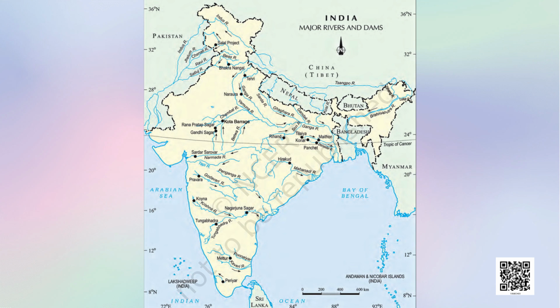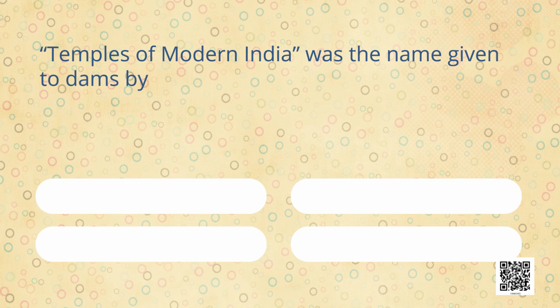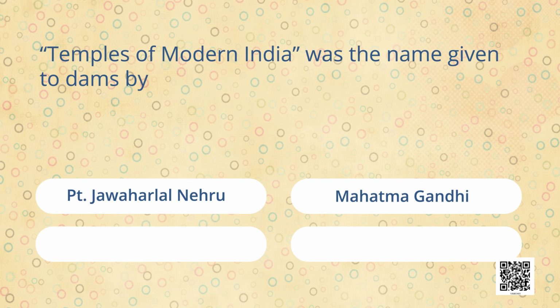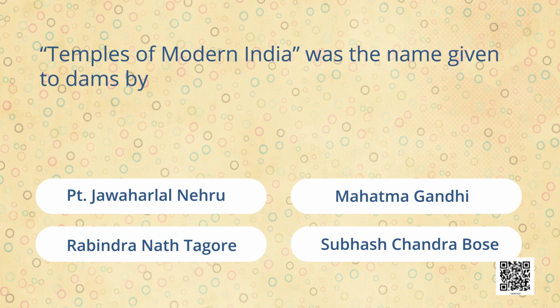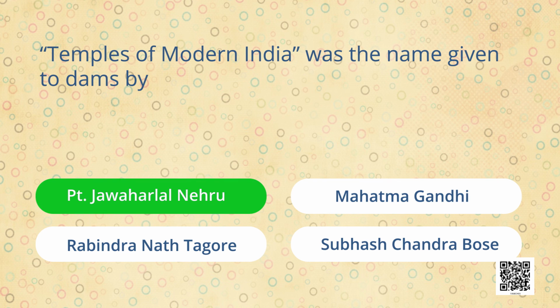So students, here we will discuss some MCQ questions. Temples of modern India was the name given to dams by. Options are first Pandit Jawaharlal Nehru, second Mahatma Gandhi, third Rabindranath Tagore, fourth Subhash Chandra Bose. Correct answer is Pandit Jawaharlal Nehru.